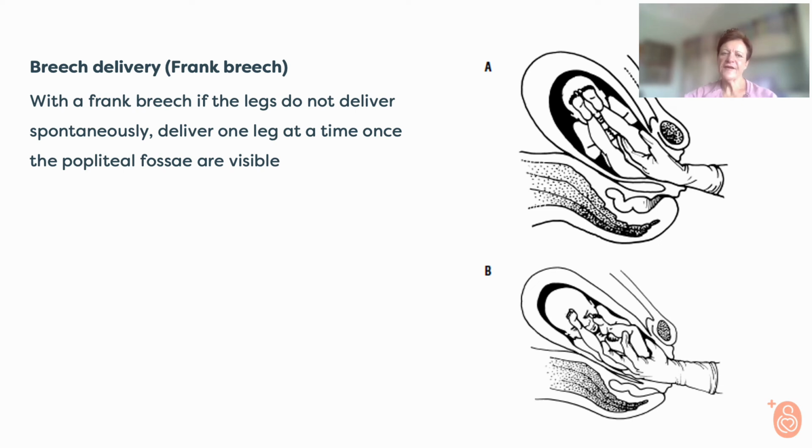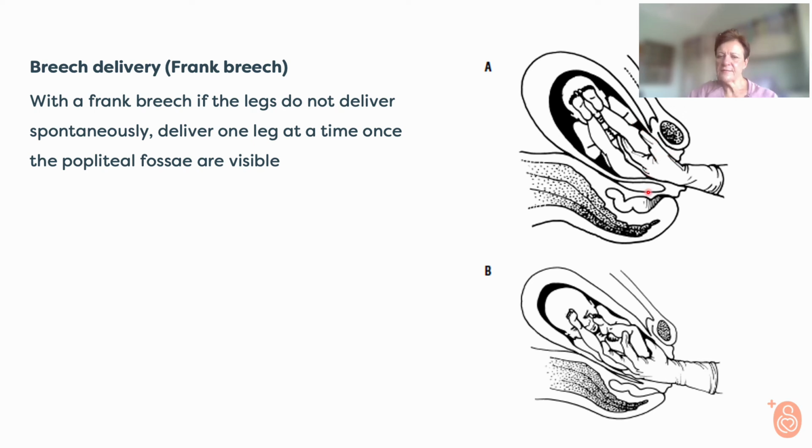In the case of a frank breech, where the legs are extended, these legs act almost as a splint to the body, and that makes the body come much slower through, remember, the mechanism that I've shown you, where the body forms almost a kind of flexion through the birth channel. So we have to get the legs out.